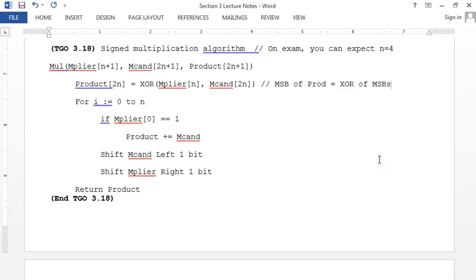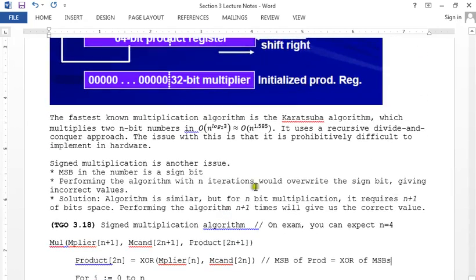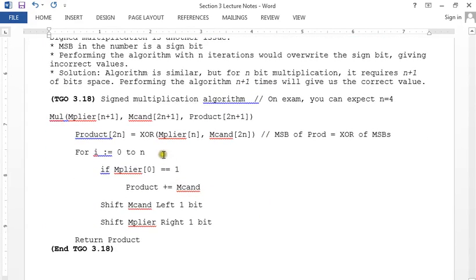Now, if you recall, I mentioned that this goes n plus 1 times in the algorithm. So from 0 to n means n plus 1 times, right? Now we're testing that least significant bit, which is 0, right? Test LSB.